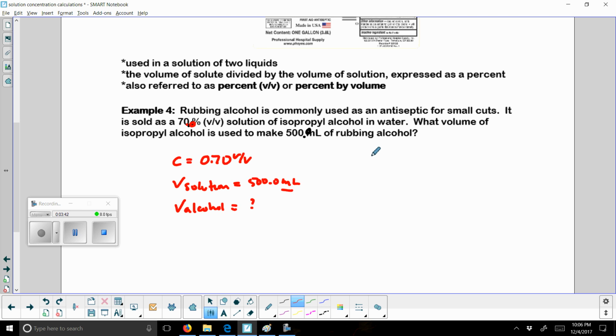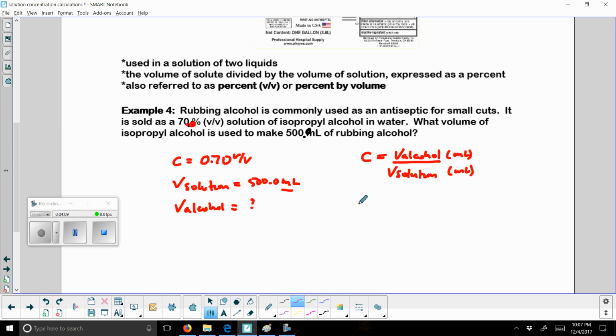Like before, the concentration is equal to the volume of the solute, here the alcohol, over the volume of the solution, and both of these are in milliliters.